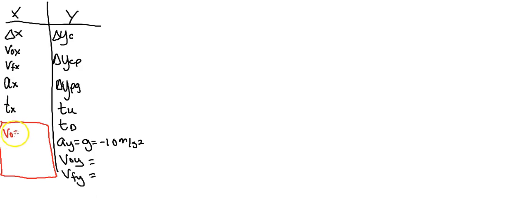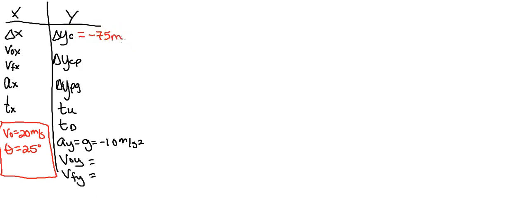Right now, our total information that we already have, which is both x and y, is that the initial velocity is 20 meters per second, and the angle provided is 25 degrees. The problem also tells us that we know the initial height of 75 meters, so that means our delta y cliff is negative 75 meters.